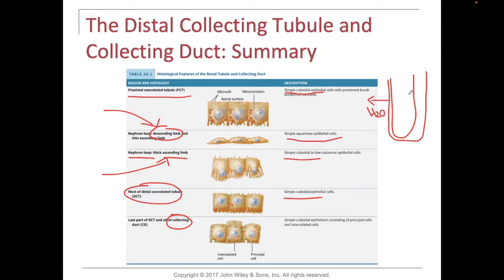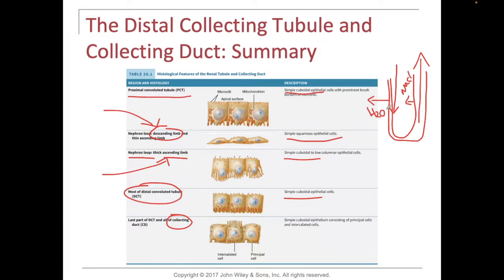Water can pass through here. And this is the descending limb, and this is the ascending limb of the loop. So through this part, you're going to have more salt. So we'll say NaCl, NaCl.